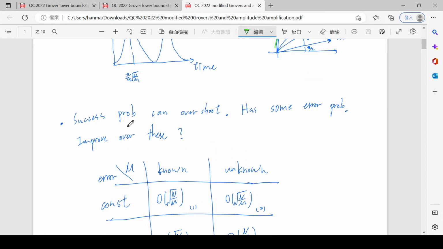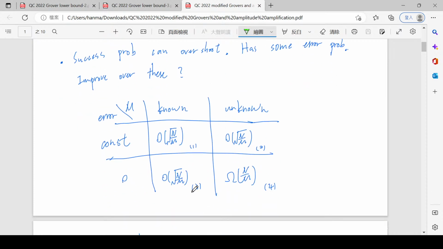So there are two problems, and then we can draw this 2x2 table of qualifiers we want to add to our Grover algorithm. First, is m known or unknown. And the second is whether you only want constant error or you want zero error. And the result is this table.